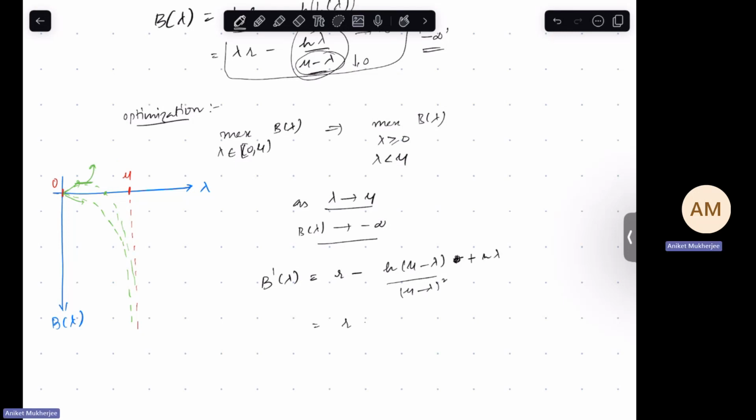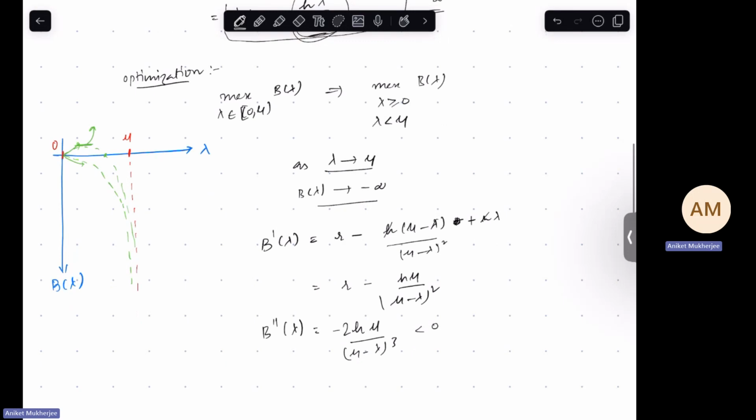So you have r minus h mu by mu minus lambda whole square. Now you get the second derivative: minus 2 h mu by mu minus lambda whole cube. As you can see, the double derivative is less than 0 because mu is greater than lambda and h and mu are greater than 0. So this is less than or equal to 0. So you have a decreasing function.